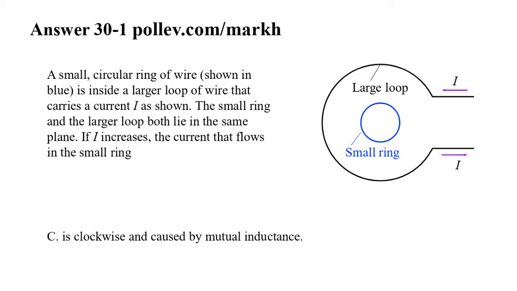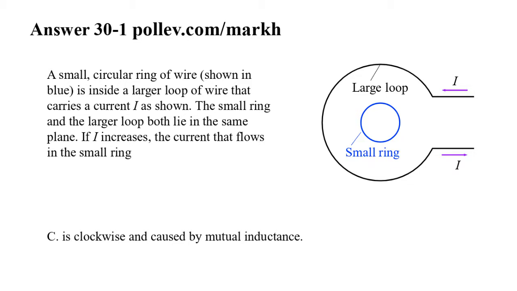And if you remember our Lenz's law, which said that any induced effect will oppose whatever is causing that induction. So that means in the small ring, we need to induce a magnetic field that's pointing into the screen.